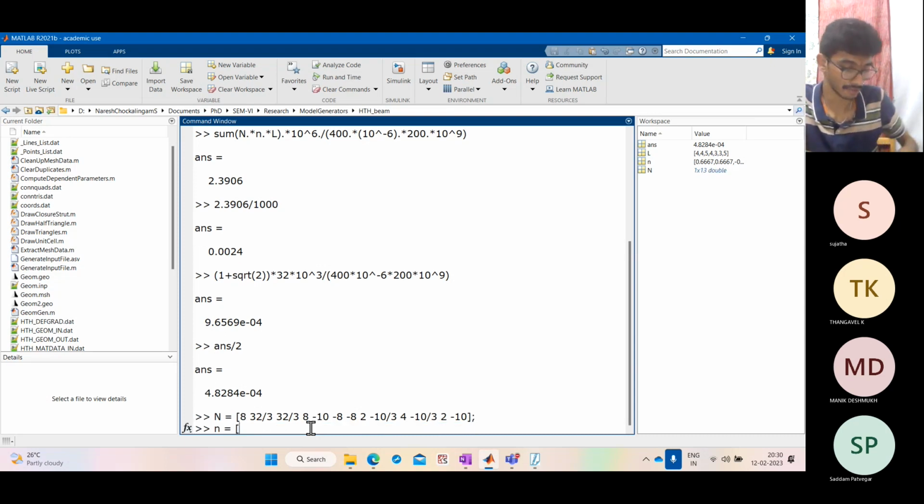And small n's are equal to 1/3, 2/3, 2/3, 1, minus 5/4, minus 1, minus 1/3, 1/4, minus 5/12, 0, 5/12, 3/4, minus 5/12.